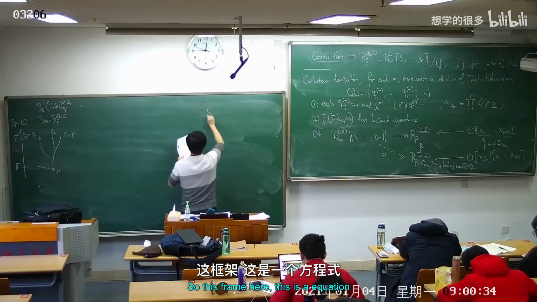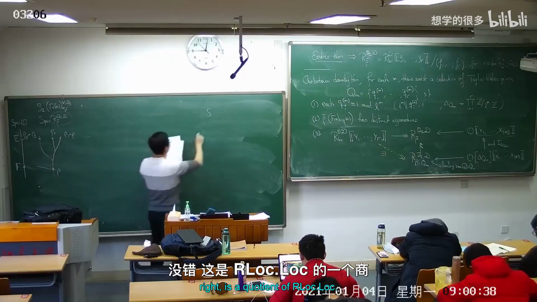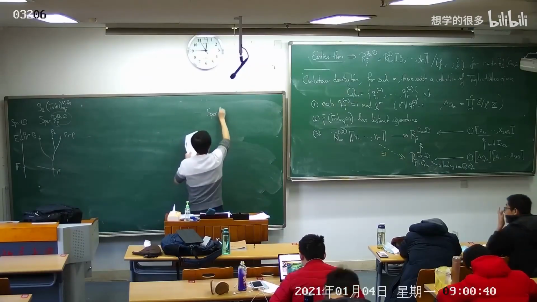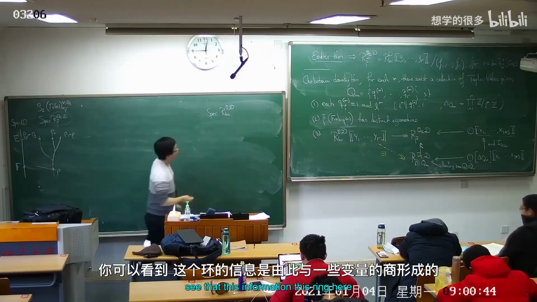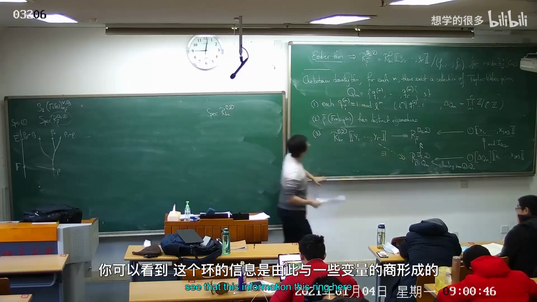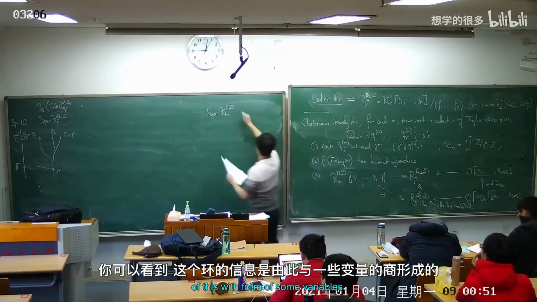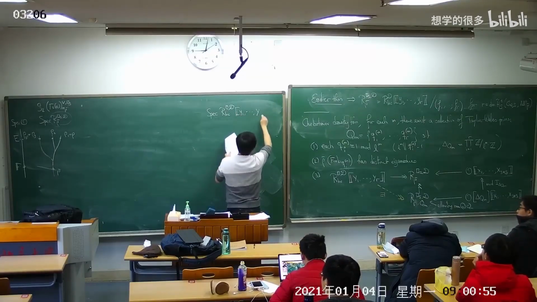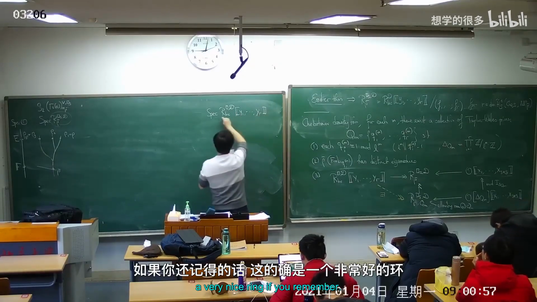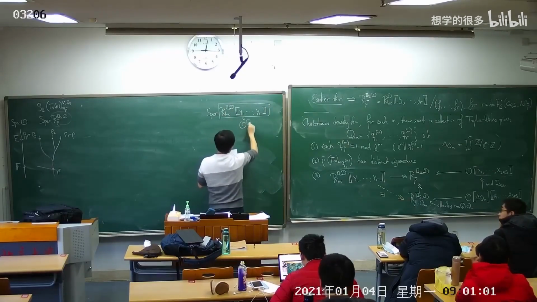This frame deformation ring is a quotient of R log frame D, with the form of some variables. And this is a very nice ring, if you remember. This is nothing but the O of a bunch of variables.